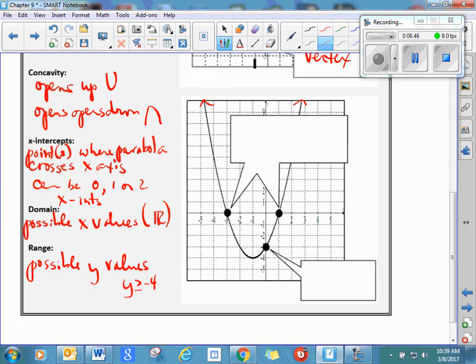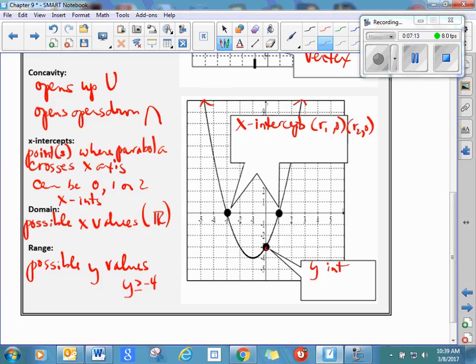We need to write, these are the x-intercepts. Again, we're going to use funkier variables, r1, 0 and r2, 0. You don't have to worry about knowing that right now. So these are the possible points where the parabola crosses the x-axis, and then the y-intercept.